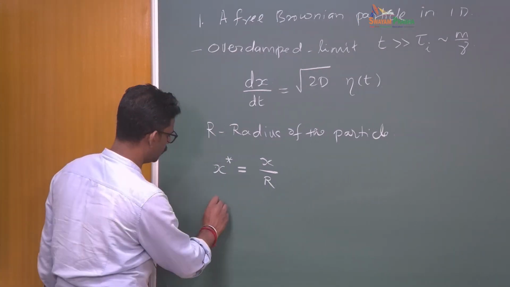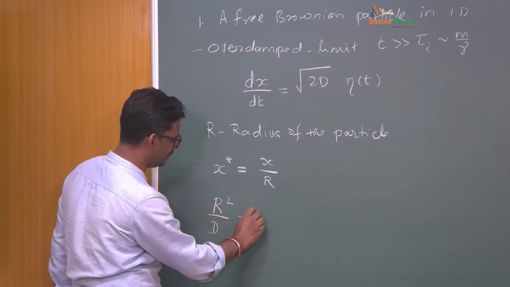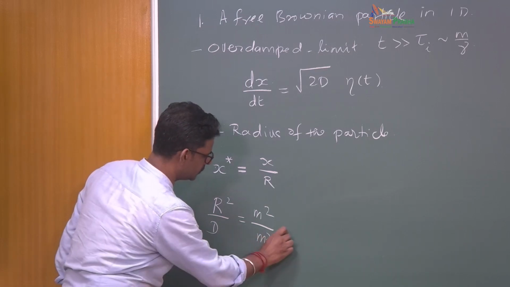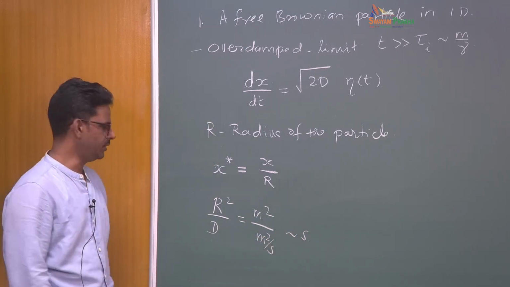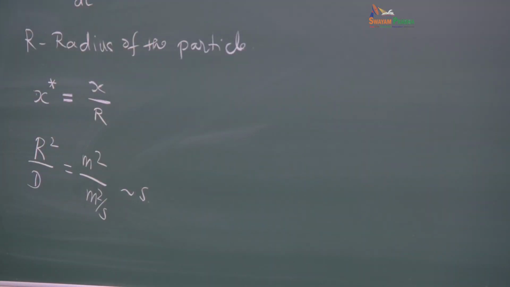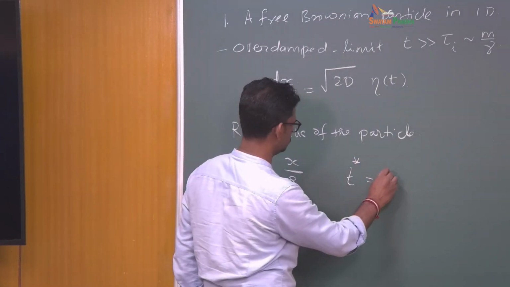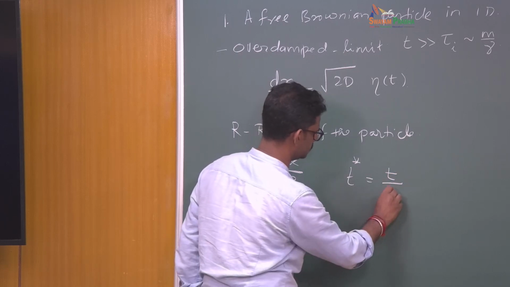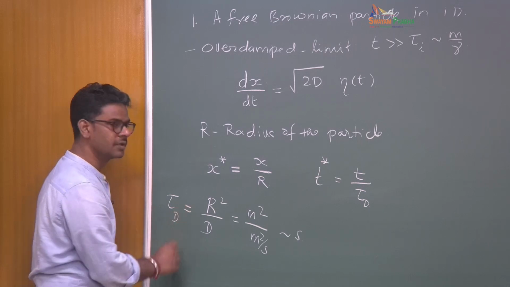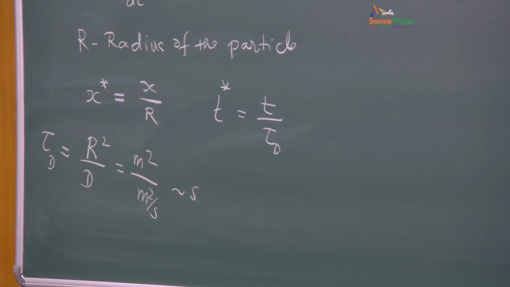So we can think of this group r square by D in the units of length. This will be in meter square, this is in meter square by second. So basically this comes in time unit. So we can think of this as a scale for time. So we call this tau D, which is called the diffusion time. Okay, time scale related to diffusion.